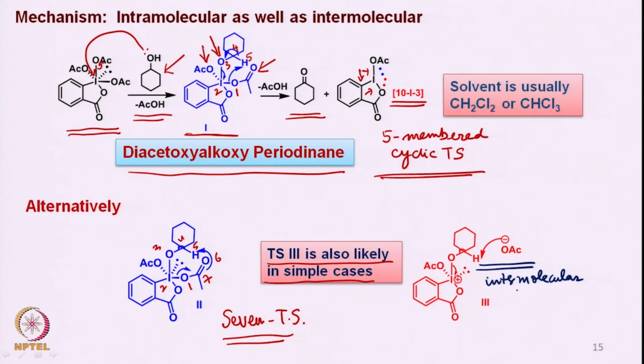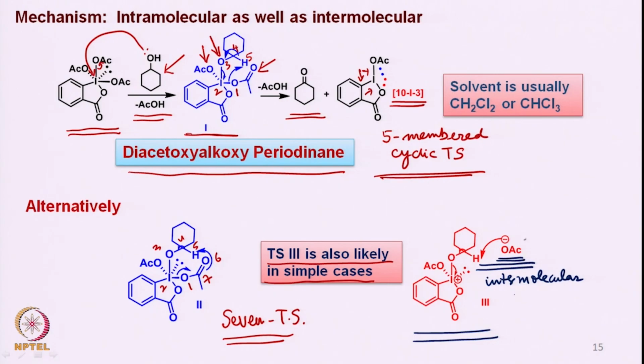So, when the alcohol is reacting with the reagent, this intermediate, which is number 1, can break and form an intermediate of this kind where there is a positive charge on the iodine and the acetate has come out.